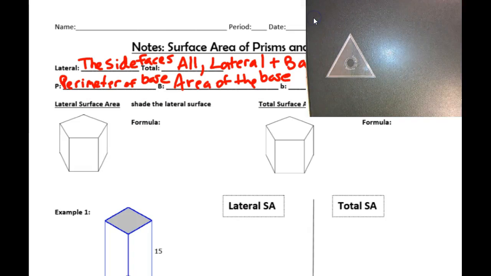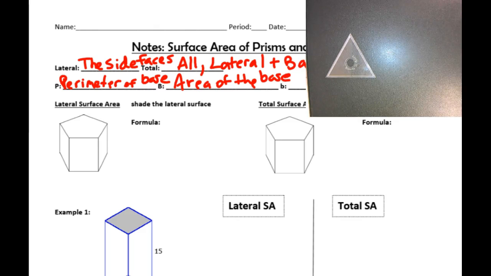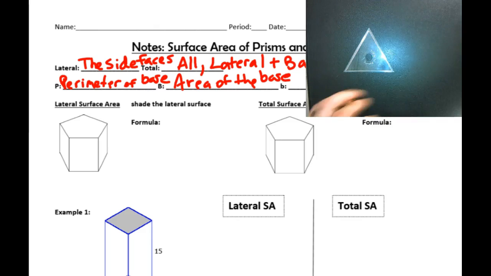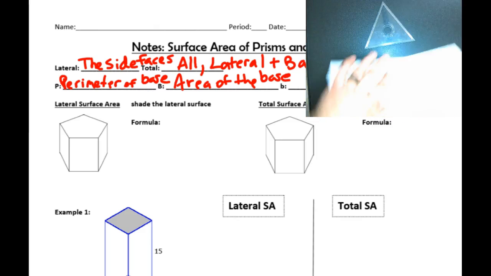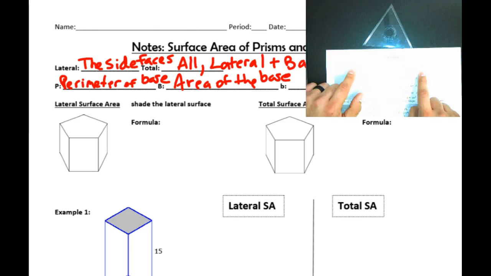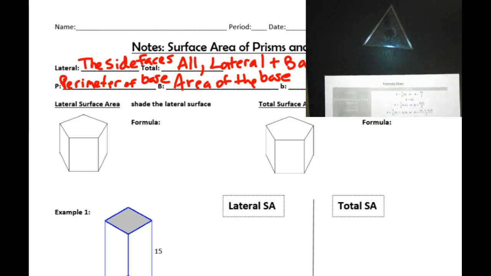Now, this next word, super important, it's a little different, okay? How would I find the area of this triangle? On your formula chart, the very first thing, it says, to find the area of a triangle, you do base times height divided by 2. Now notice that base is a lowercase b.